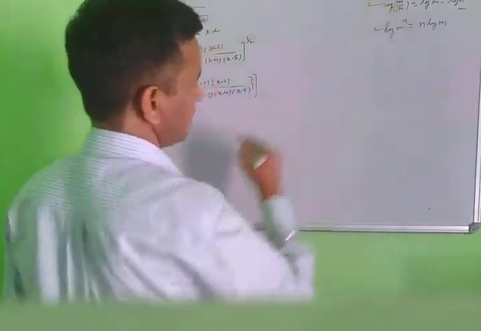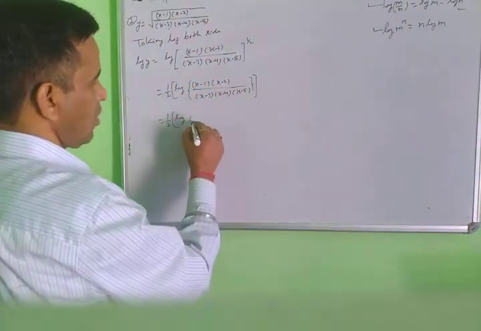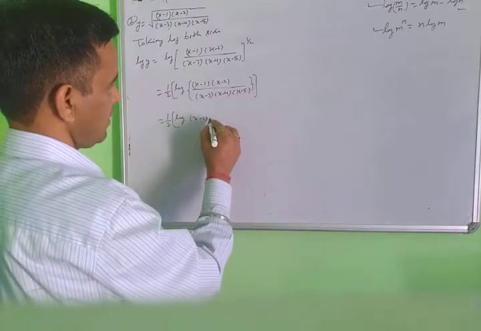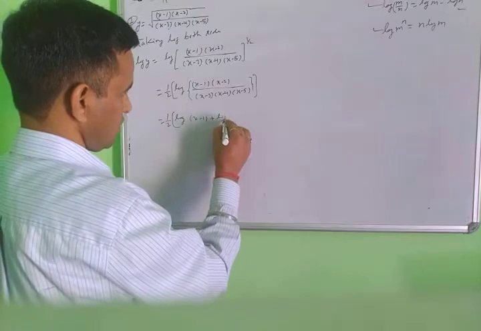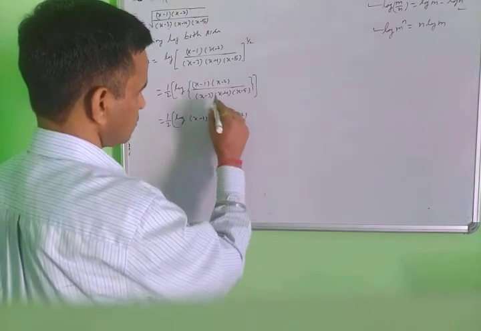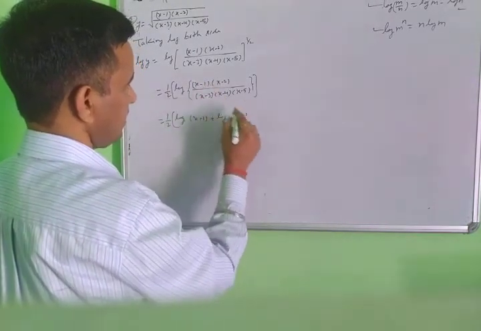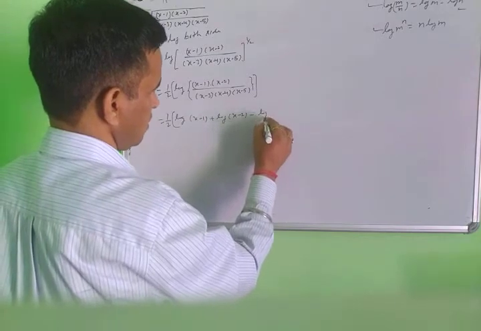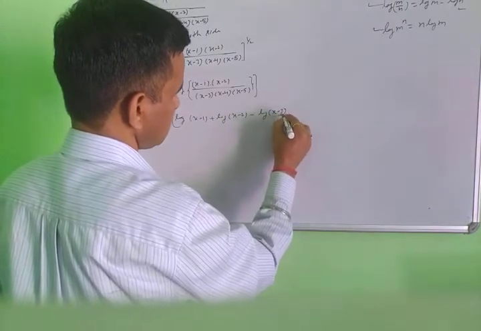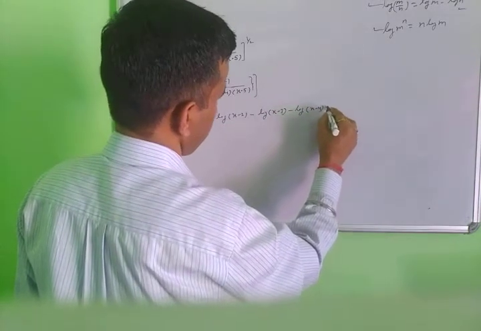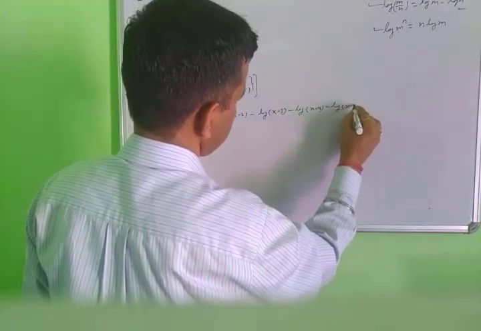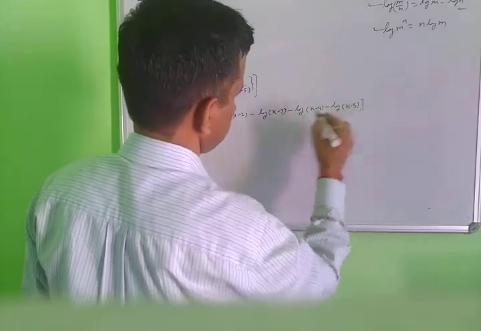Using this identity, the numerator becomes log (x minus 1), and using plus also here, plus log (x minus 2), minus log (x minus 3), minus log (x minus 4), minus log (x minus 5), and this will be closed.